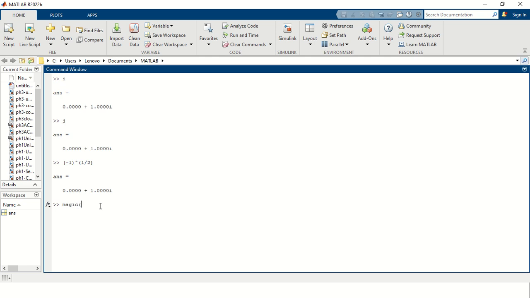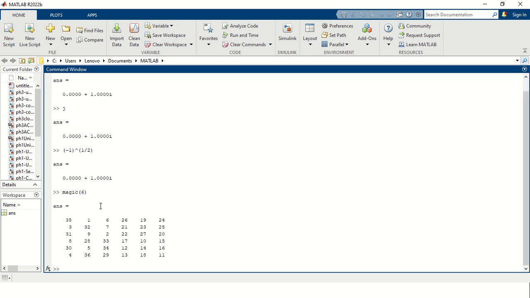Magic 6 is shown, and the result is a 6 by 6 matrix. See here, 6 elements in the column and 6 elements in the row. That means 6 columns and 6 rows, so a 6 by 6 matrix is generated.